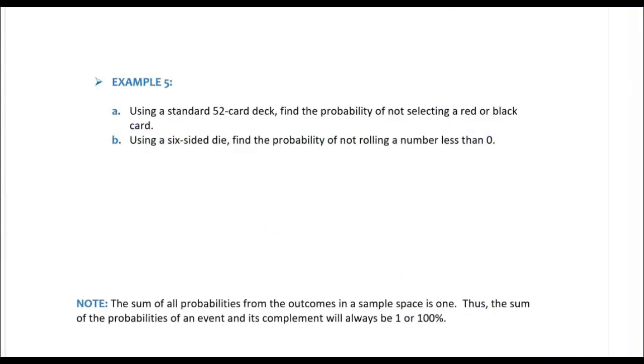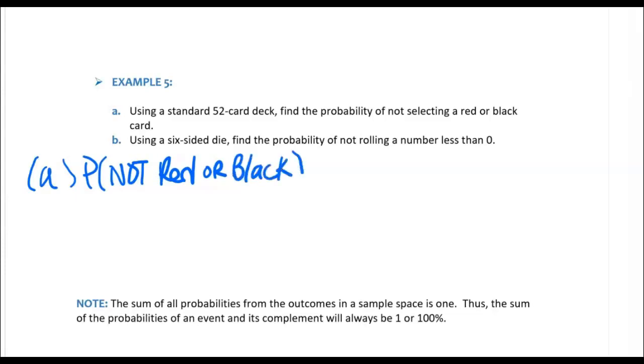Example 5. A. Using a standard 52 card deck, find the probability of not selecting a red or black card. B. Using a 6-sided die, find the probability of not rolling a number less than 0. So for part A, the probability of not selecting a red or black card could be found using number 2 from our blue box.